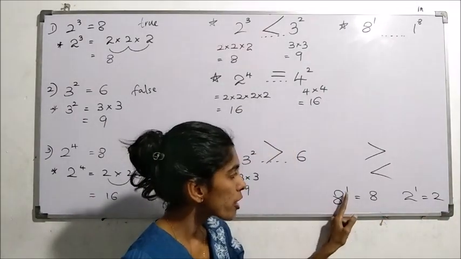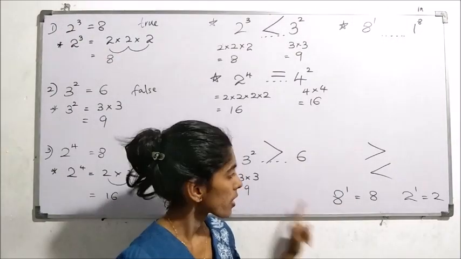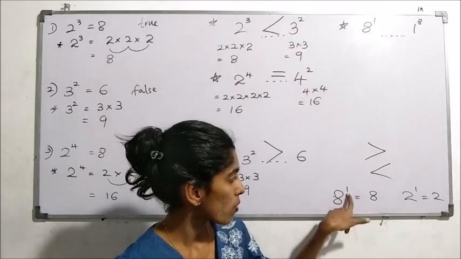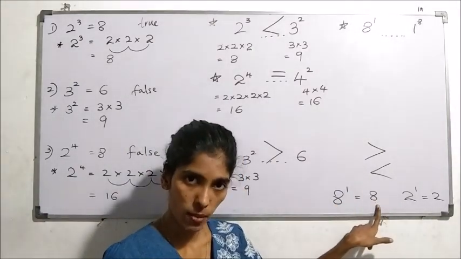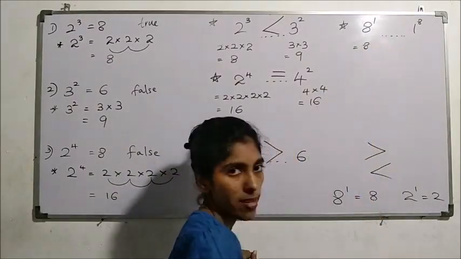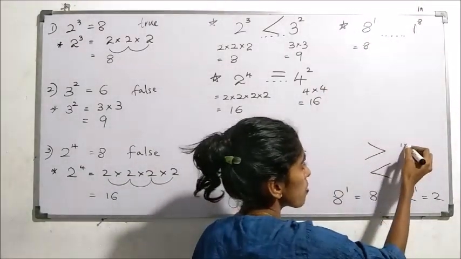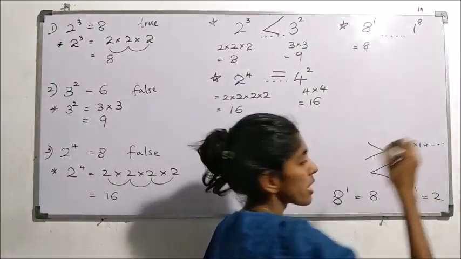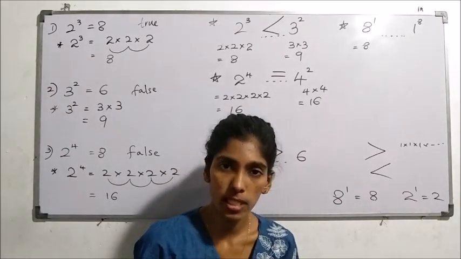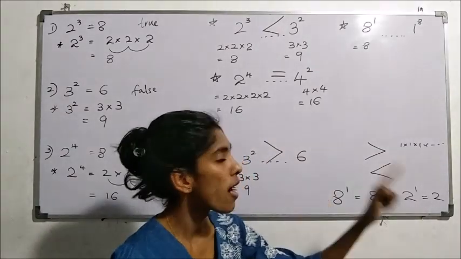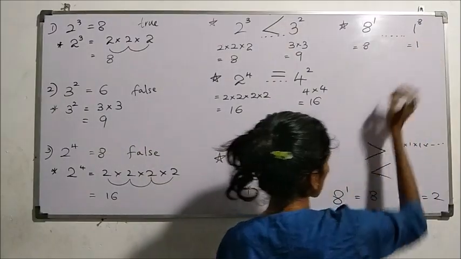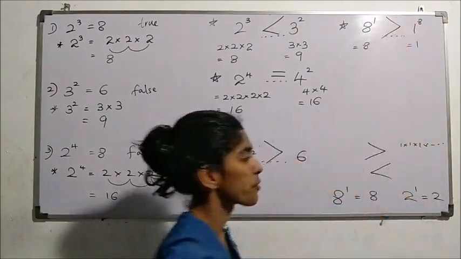That means 8 is there only once. 8 squared means 8 should be written twice. 8 to the power 1 means 8 should be written only once. So here the value is just 8. Then there, 1 should be multiplied by itself 8 times. And I told you that when we multiply 1 by itself as many times as we want, the result is every time 1 only. So accordingly this side is greater.